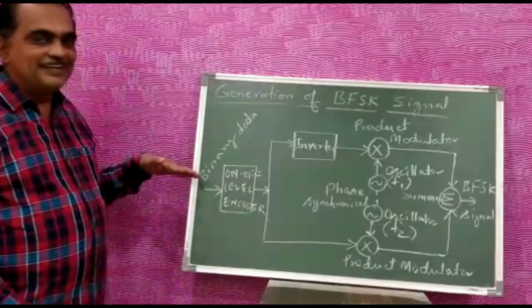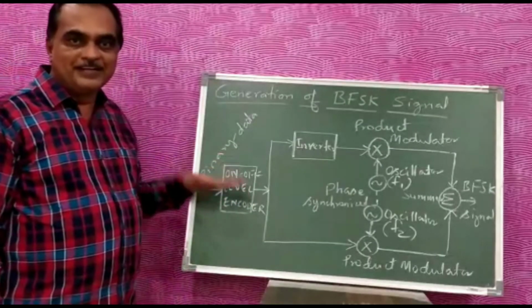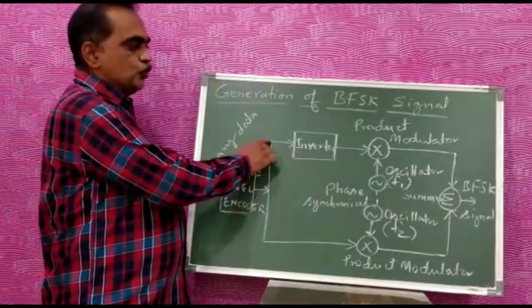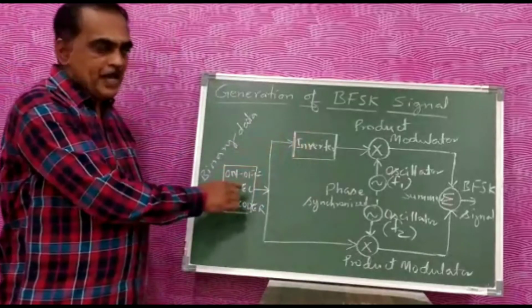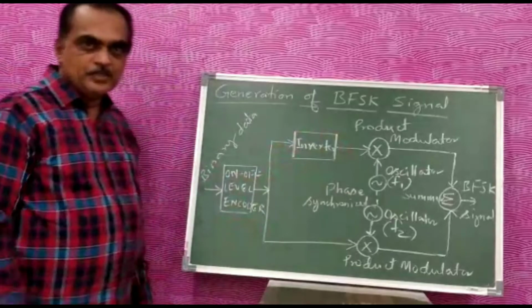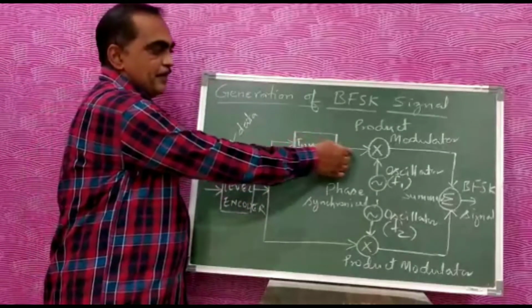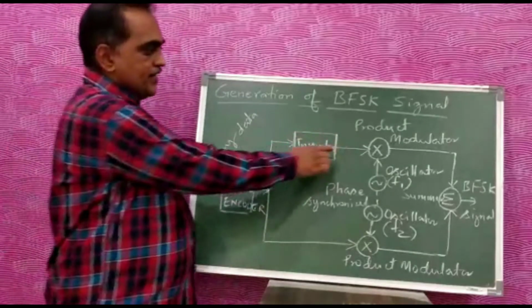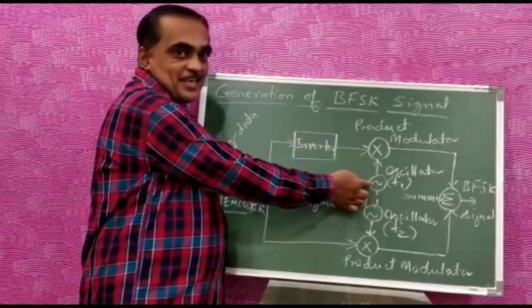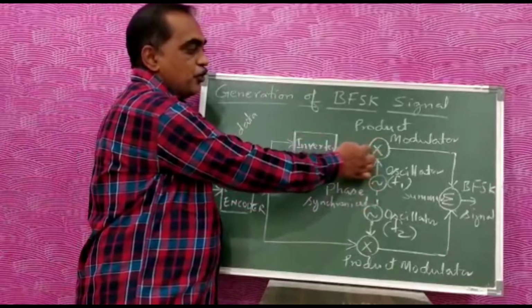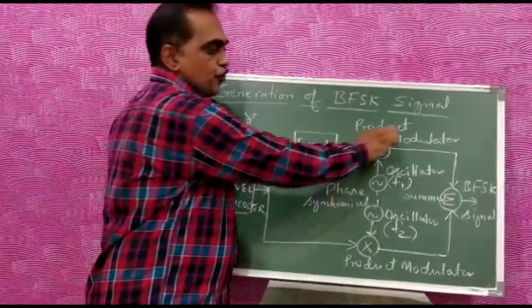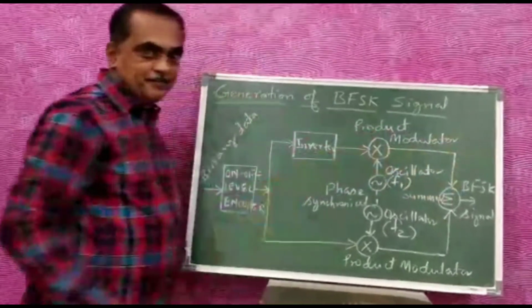Now whenever the data is 0, 0 goes through this inverter and becomes 1. If that 1 is multiplied by a frequency f1 in the product modulator, then the output will be frequency f1 here.